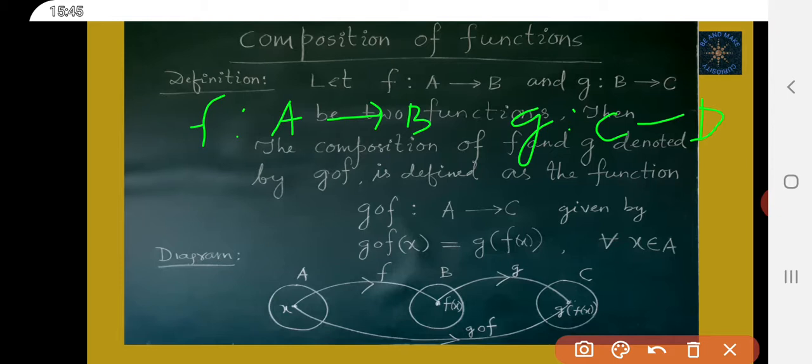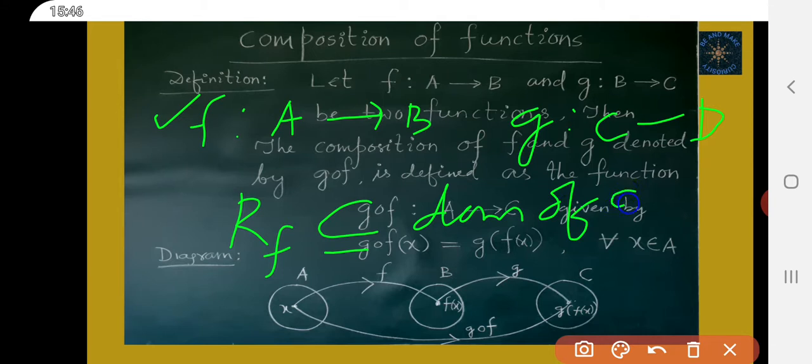To find the composition of two functions f and g, the condition is the range of the function f must be a subset of or equal to the domain of the function g.